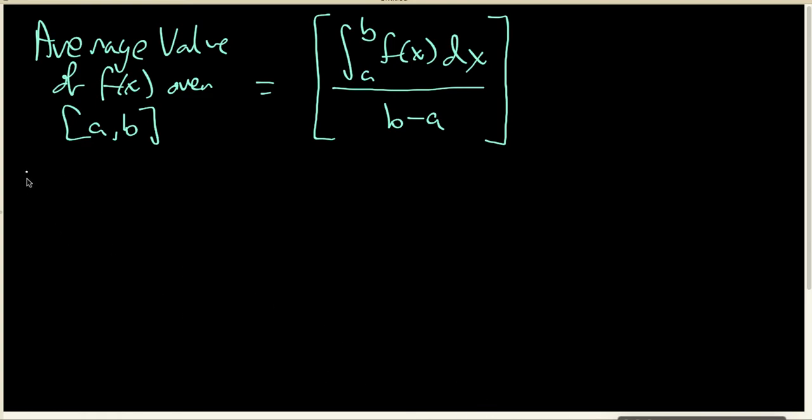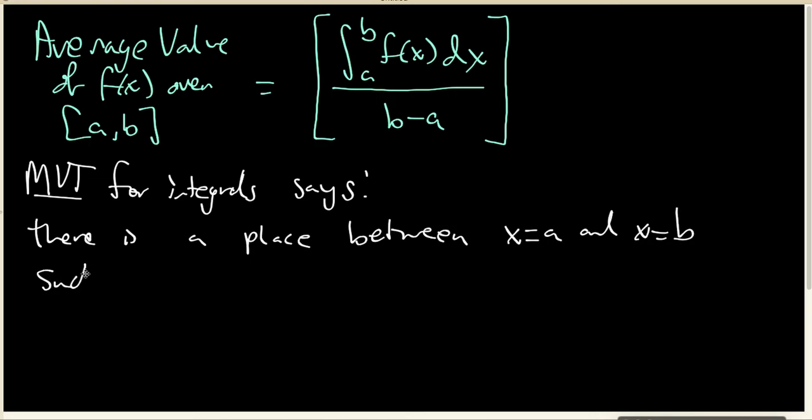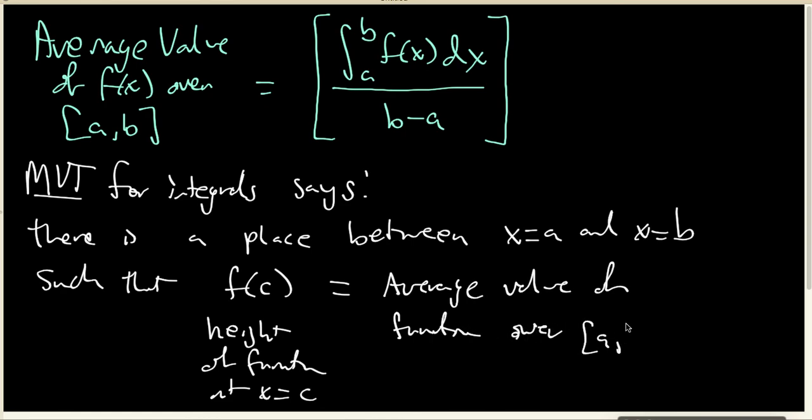And then in the context of this, the mean value theorem for integrals says there is a place between x equals a and x equals b such that the height of the function is equal to the average value of the function over the interval between a and b.